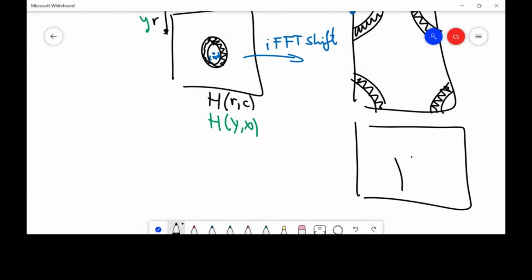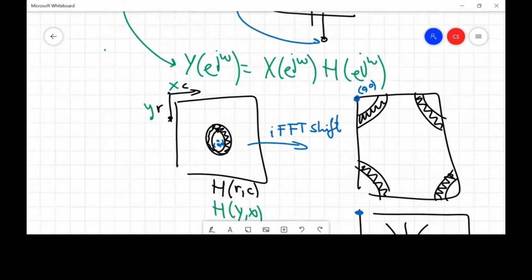So we have here the 1, 2, 3 flowers. But the origin of this image is also here. The origin of that one, we don't care. The origin of this one, we do care, because you have to be very careful of making sure that the kernel is symmetric. And the kernel is symmetric if you do the FFT shift.